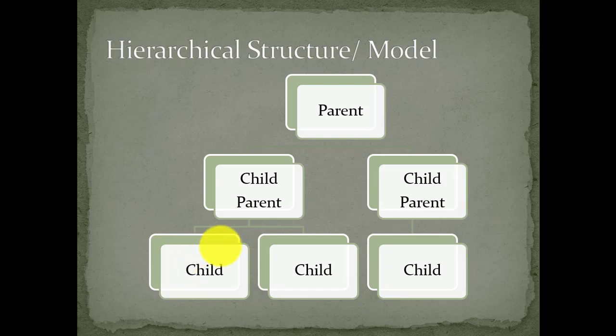So what are the advantages? It is very simple to understand where which information is kept, and based on that we can very easily fetch the information. For example, whatever information this child wants to have is very easy to fetch, because most of the information will be fetched from this particular parent only. So it is very easy to operate and very easy to understand. The complexity is very low.